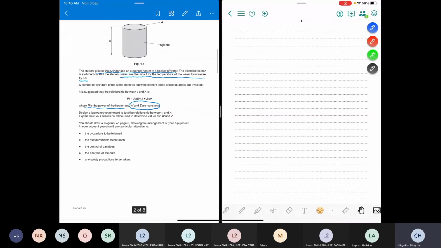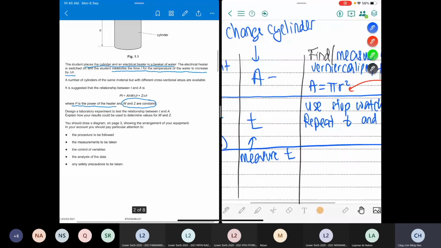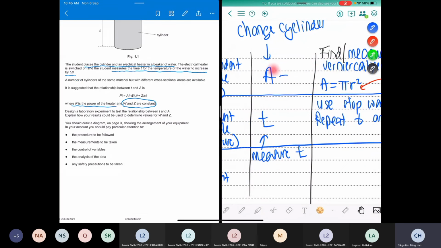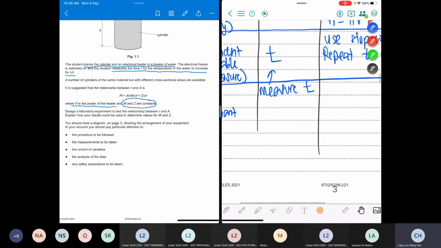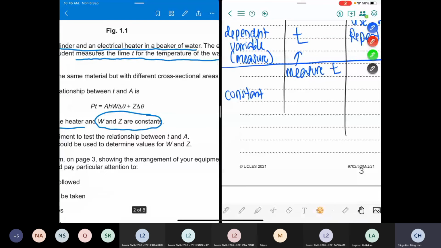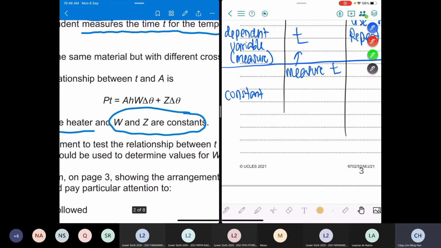So this is the question. Earlier Faiza said the independent and dependent variables are A and T. So can you give me all the constants? All the constants that need to be found. Can you tell me all the constants you can find? What is the constant, if you look at this picture here?